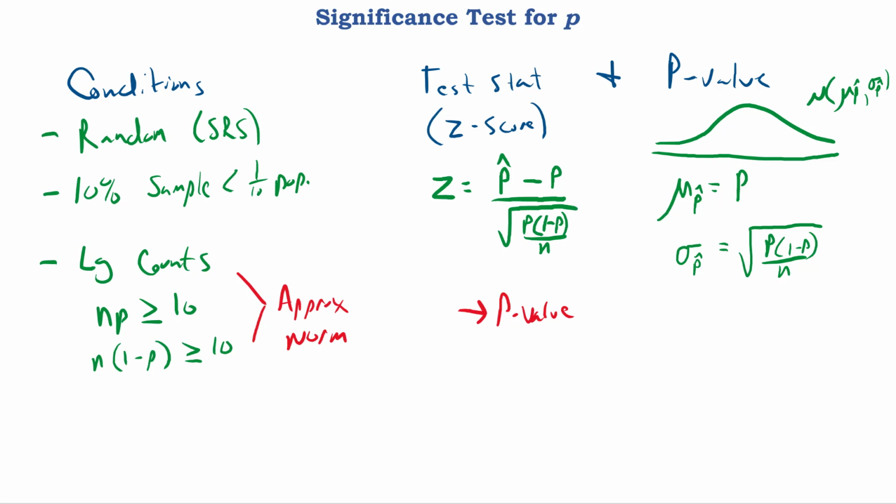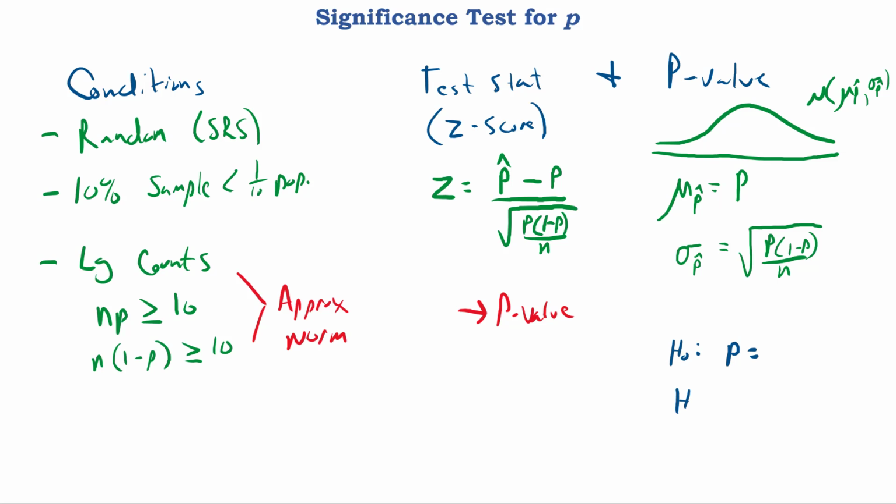Let's not forget too about our null hypothesis and our alternative hypothesis. Your null hypothesis is going to be, in this case, that your proportion p is equal to whatever value is given in the problem.